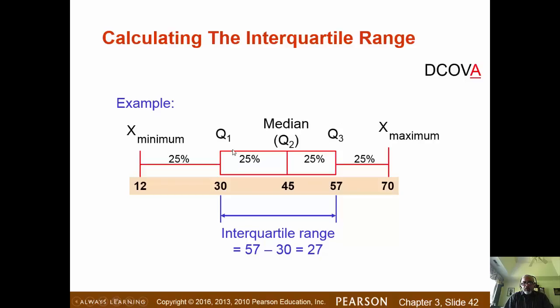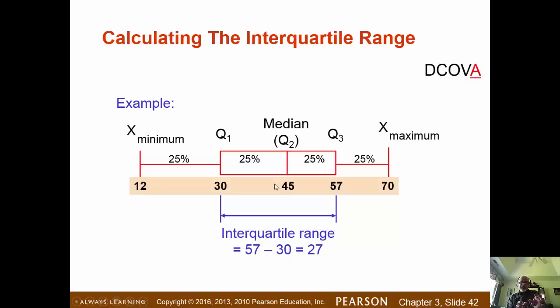Now you draw a box between Q sub 1 and Q sub 3, that's the interquartile range, and then draw a line for the median. Median is Q sub 2. Then from the Q sub 3 end, you draw a line, often referred to as a whisker, to the maximum value, and from Q sub 1 down to the minimum value. If you have a perfectly symmetric distribution, the two whiskers will be of the same length, and the Q sub 2 line will be right at the middle.